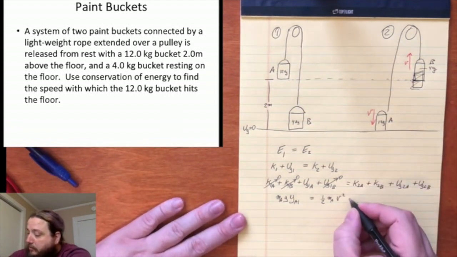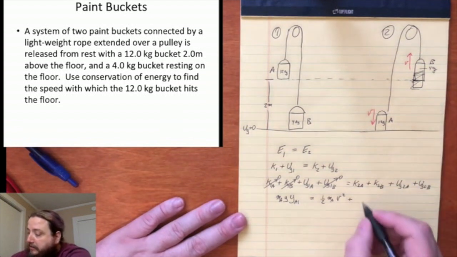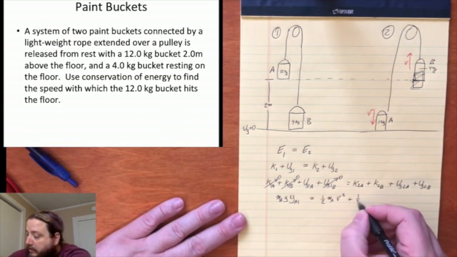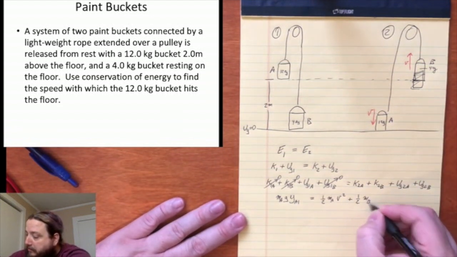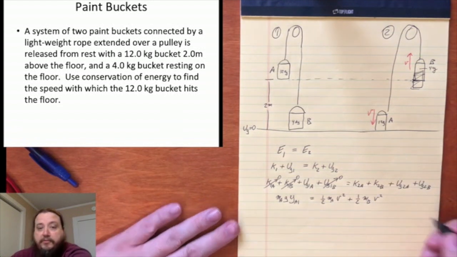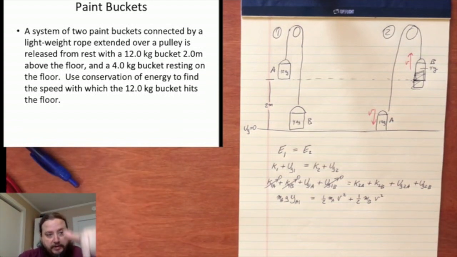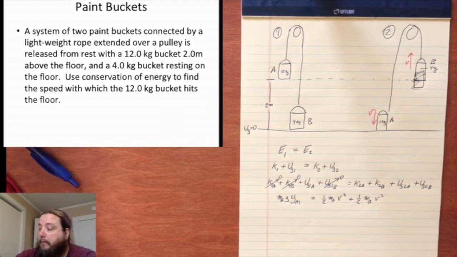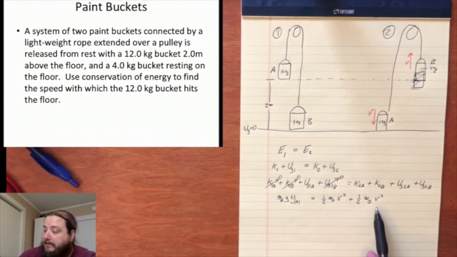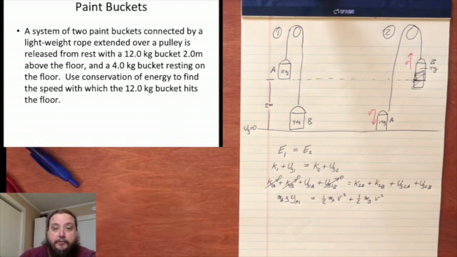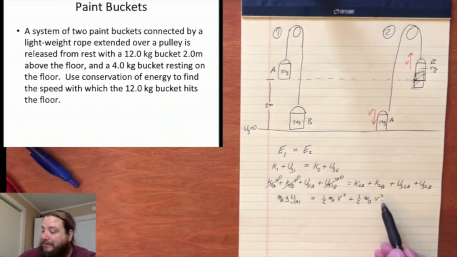At that same moment, the kinetic energy of bucket B will be 1/2 the mass of bucket B times that same speed squared. They are moving in opposite directions. Bucket A is moving downwards and bucket B is moving upwards. But the kinetic energy only depends on the speed, not on the direction, not on the velocity. So the speed squared will be the same for both of these.